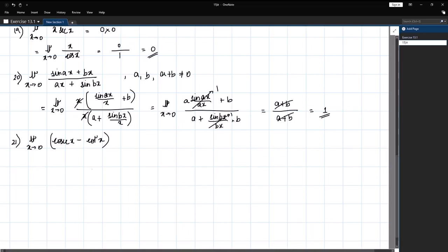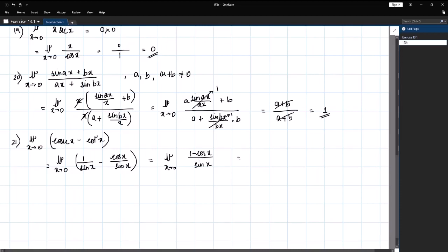If we simplify this, we'll have limit x tends to 0 of 1 by sin x minus cos x divided by sin x, and this will be equal to limit x tends to 0 of (1 minus cos x) divided by sin x.